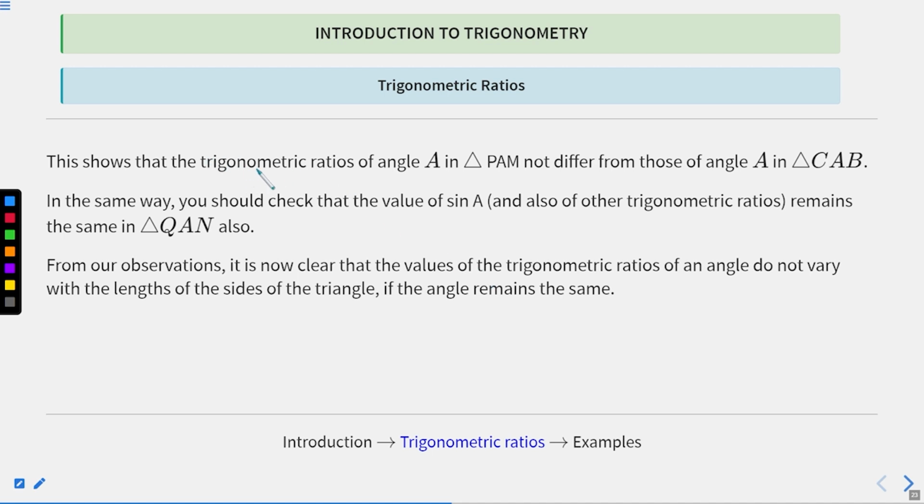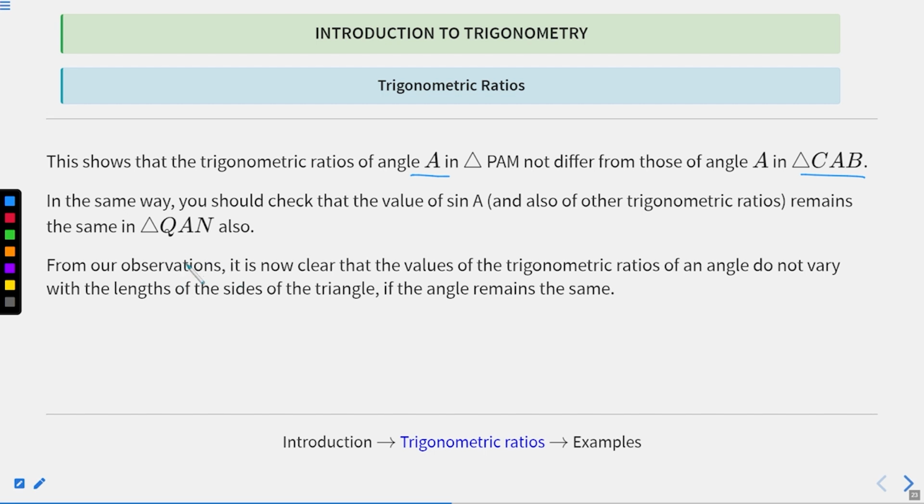This shows that the trigonometric ratios of angle A in triangle PAM do not differ from those of angle A in triangle CAB. In the same way, you should check that the value of sine A and also other trigonometric ratios remain the same in triangle QAN also.